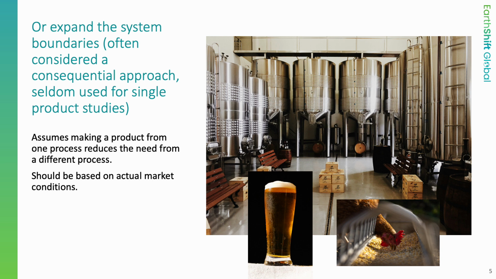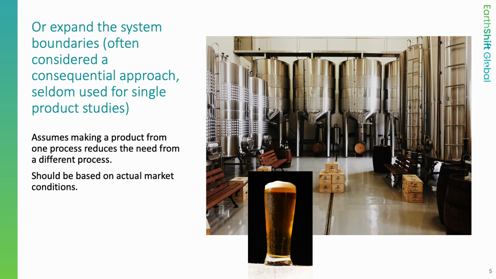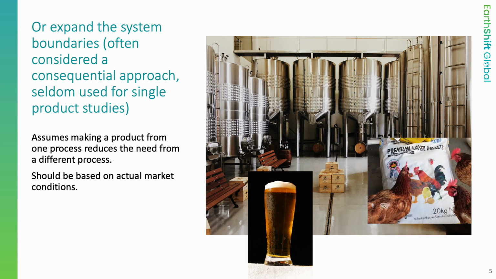Another thing we can do is to expand the system boundaries. So here we might have a brewery making beer and making food for animals. We could, in fact, instead of apportioning that brewery, we could instead subtract the animal feed from a different process from the impacts of the brewery in order to result in the impact of the beer.